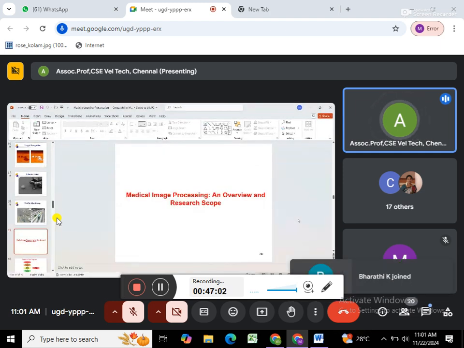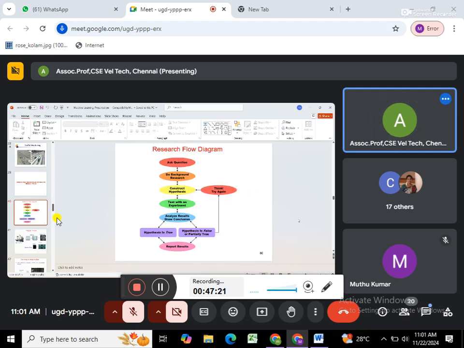After having analyzed the basic things about machine learning, now we can take the scope and overview of machine learning by considering one application, medical imaging. Right now we can see the research flow diagram given here.